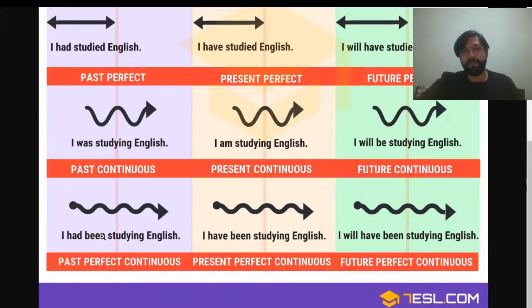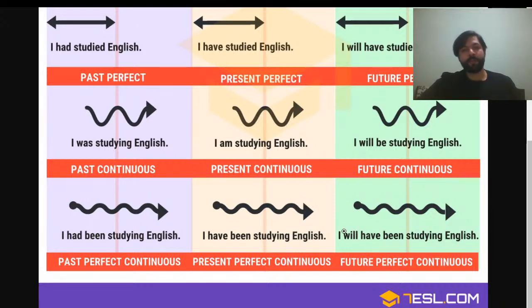In this case it's been. And the continuous is because we have the verb to be plus ing. So if you observe the three cases, been studying, been studying, been studying, we are just manipulating have. Had been studying, have been studying, will have been studying.